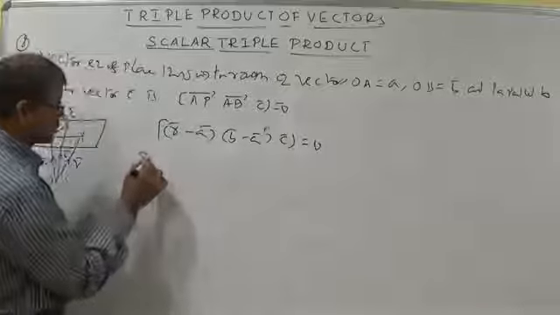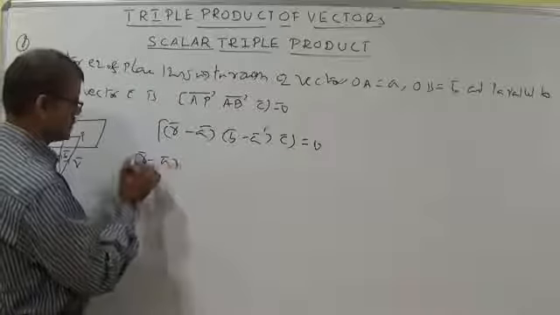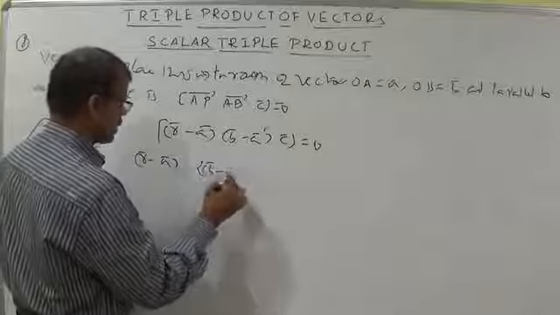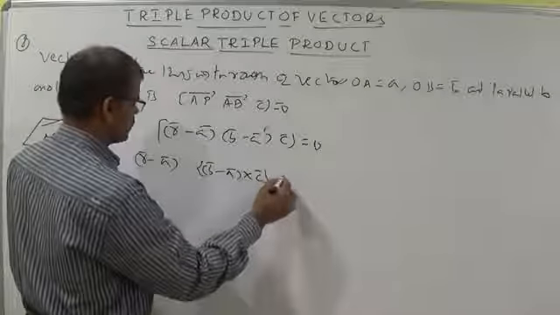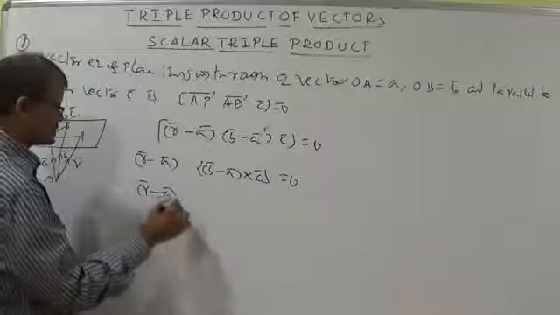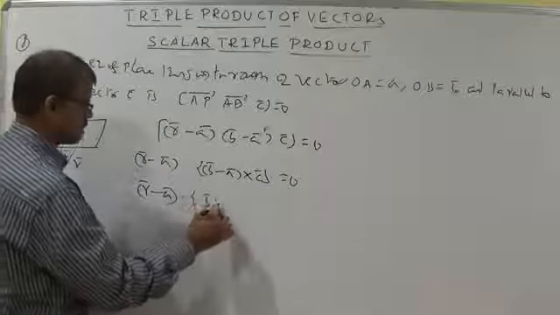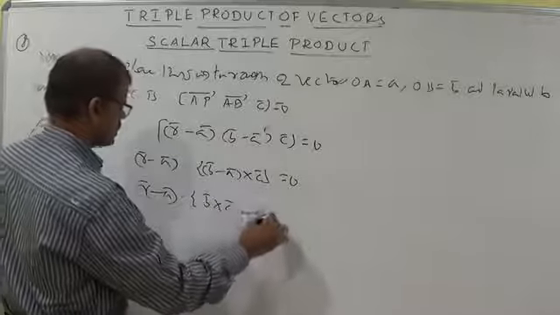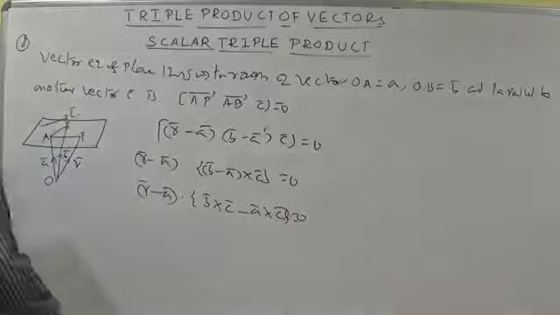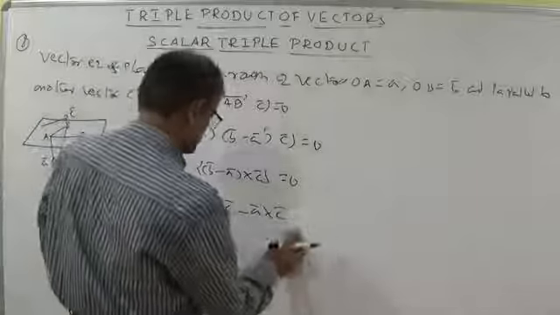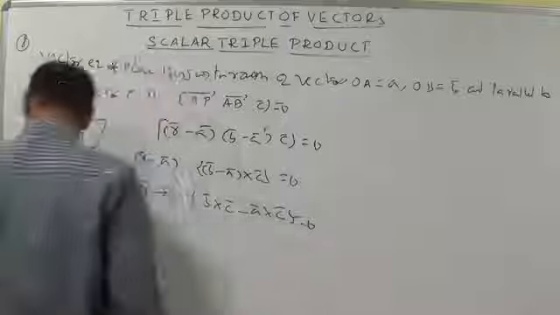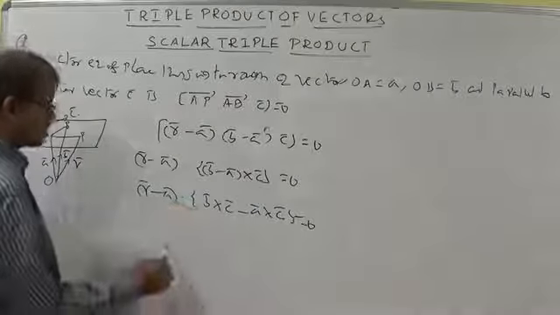Now next step, let us write R bar minus A bar dot B bar minus A bar cross C bar equal to 0. Next, you can write R bar minus A bar dot, here, B cross C minus A cross C, in a bracket, equal to 0. Multiply with R bar.